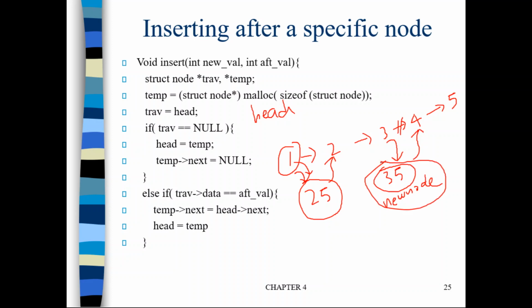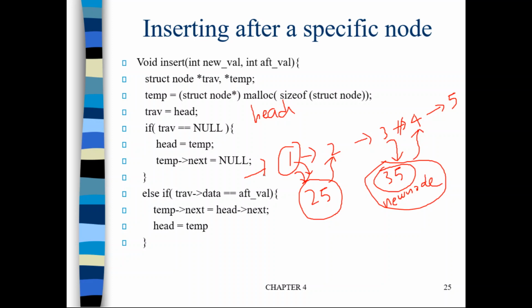So there are three cases we have to code separately. One is inserting at the beginning. If the entire list is empty, then the logic for insertion is to just make head point to the new node, and the new node's next is null. That is the first case.